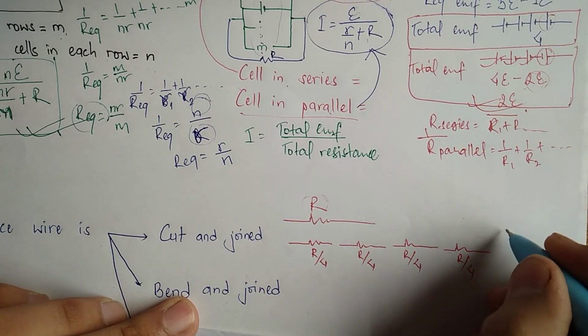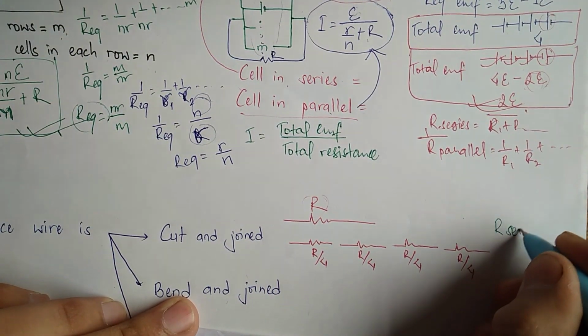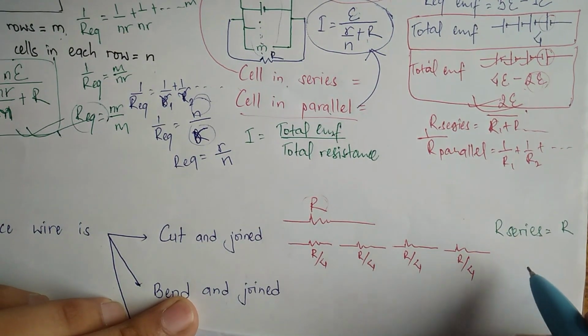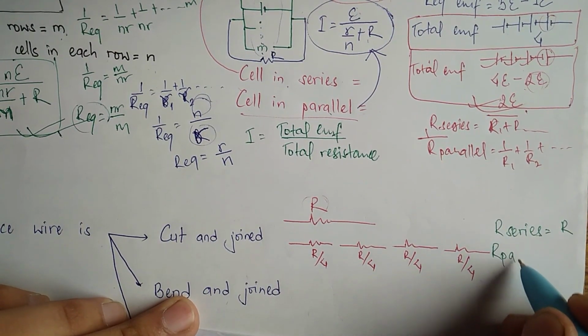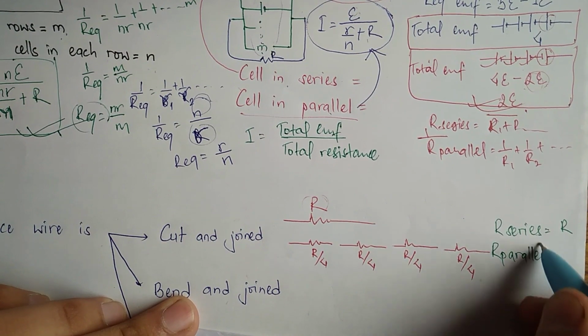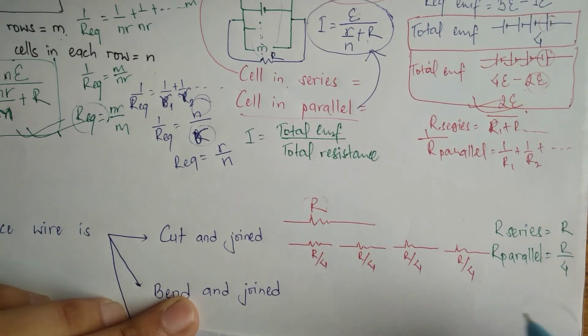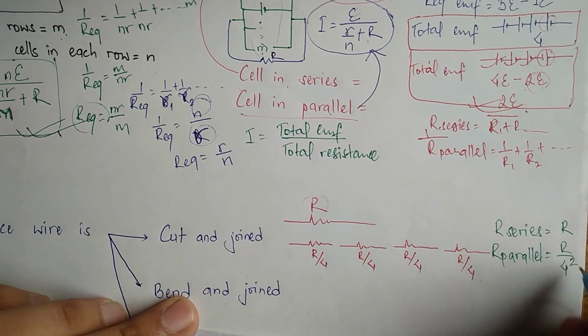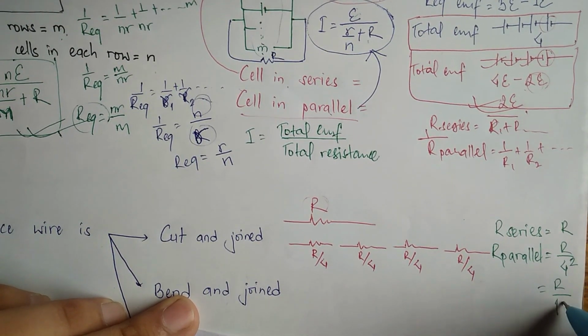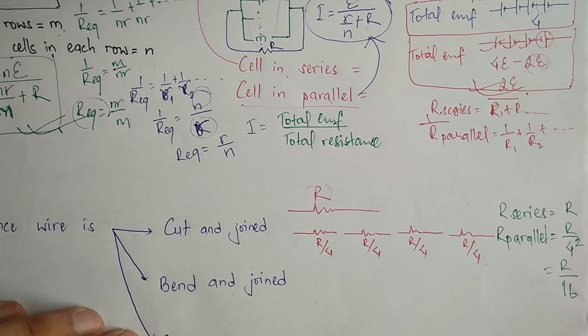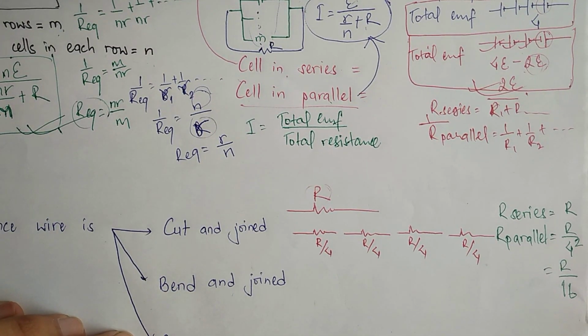For R series, you write whatever it was initially, and for R parallel, write the resistance and then square the lower one, so it equals R by 16. This is the shortcut.